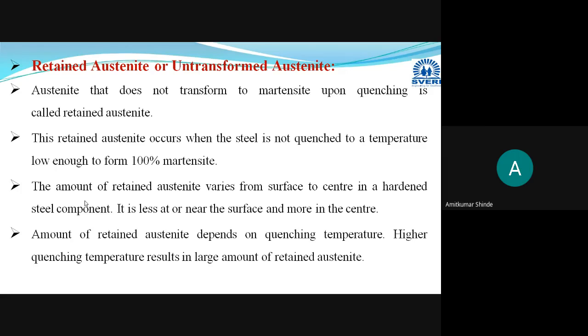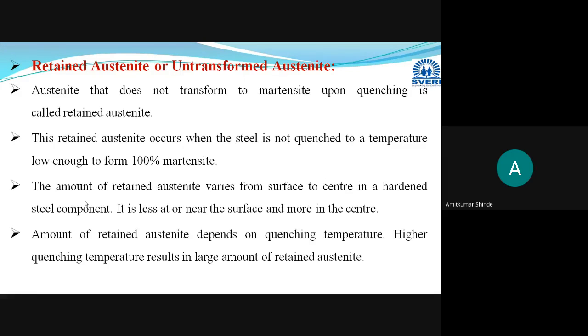Suppose one component we have taken from 800 degrees Celsius and cooled to room temperature, 30 degrees Celsius, and another component we have heated at 900 degrees Celsius and quenched to room temperature, 30 degrees Celsius.